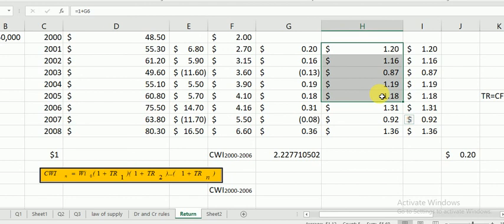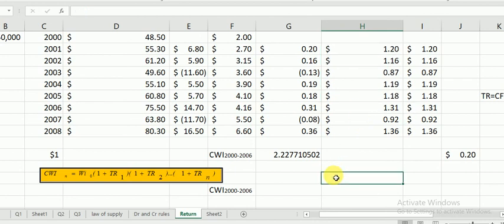So 6 years relative returns divided by 5 years relative returns minus 1. In this way we can calculate the total return here. So, dear students, hope you understand how we can calculate the total or cumulative wealth and why we are calculating the relative returns.